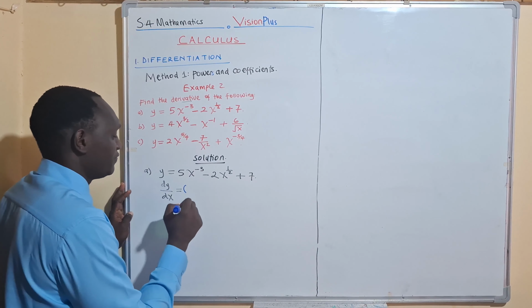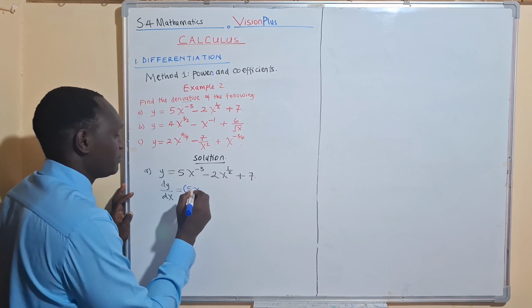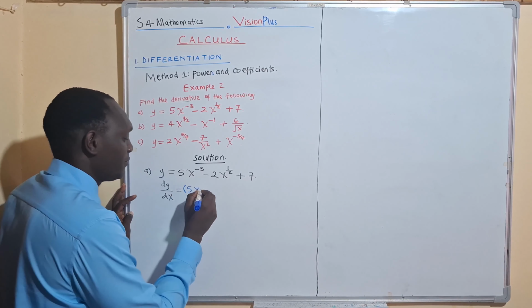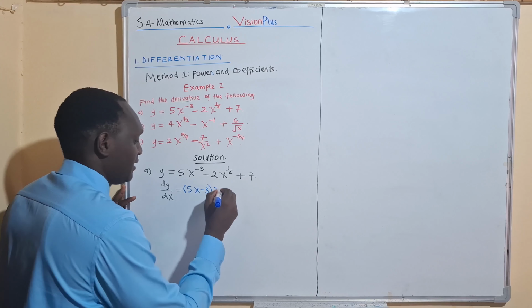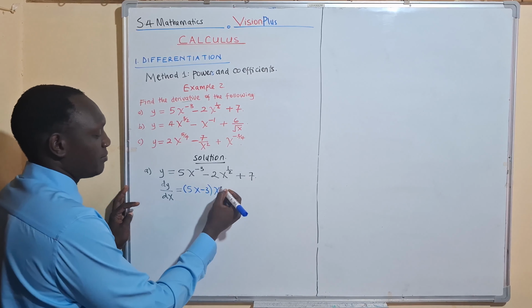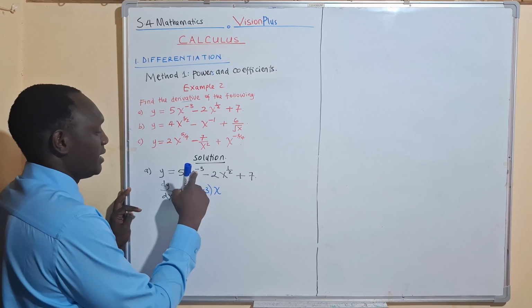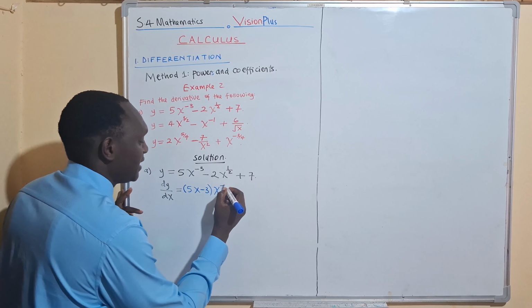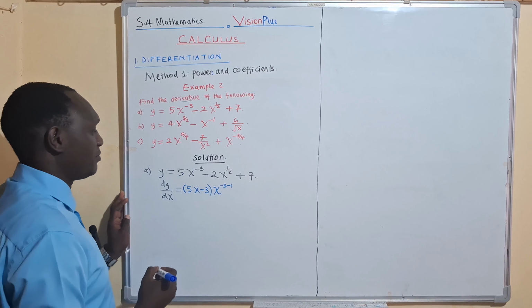So to get the new coefficient, we say 5 times, if you drop the power which is negative 3, we shall have 5 times negative 3 x here. Now we need a new power on x, and we get the new power by subtracting 1 from the whole power, and the whole power is negative 3. Then we subtract 1. That gives us the new power.